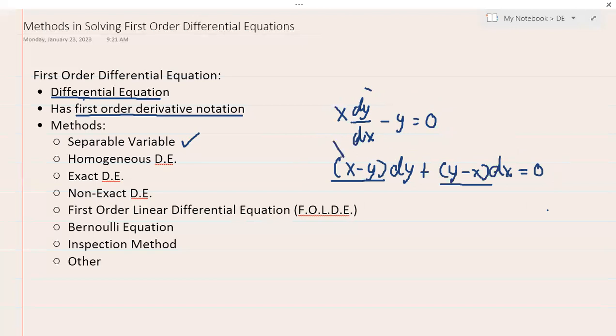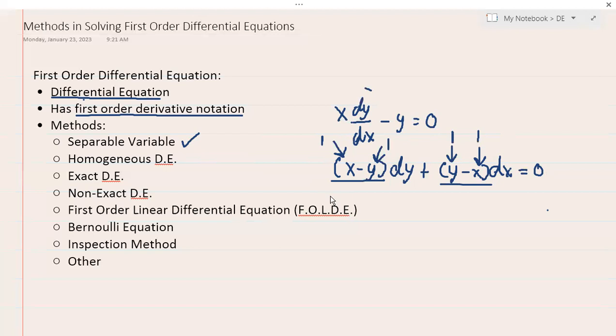Itong si x, anong degree ni x? Di ba? 1. Anong degree ni negative y? Di ba? 1. First degree. On the right side, si dx. Si y, naka-first degree 'to, di ba? Tsaka si negative x, naka-first degree. So, as you can see, all of the terms have the same degree. So, ibig sabihin nun, this is homogeneous differential equation. At meron siyang specific formula for that.